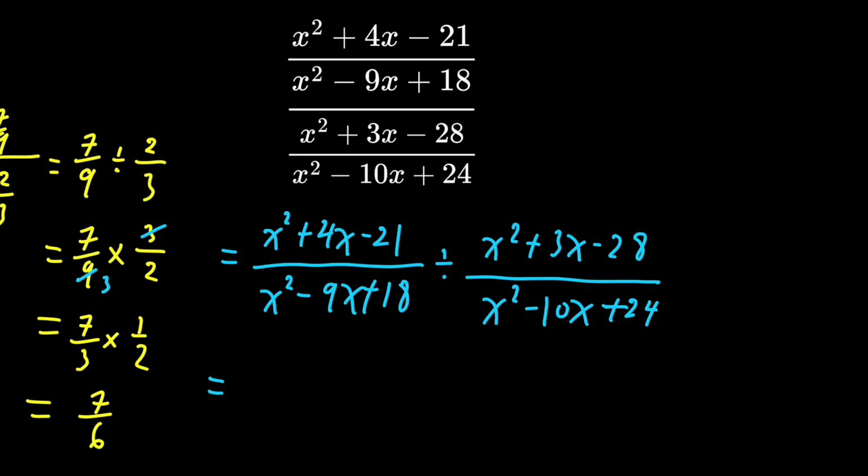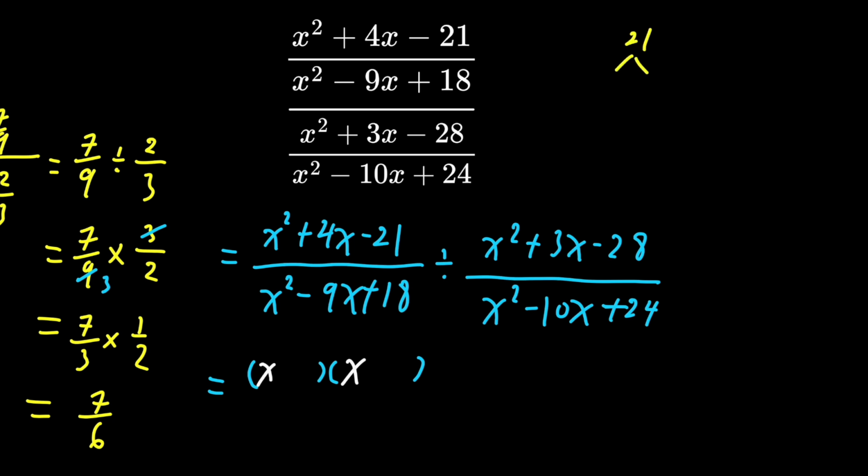We first want to put the two parentheses, and we want to break this first term. Two factors multiplying each other to give x squared, so they are x and x. Then we want to break this 21.